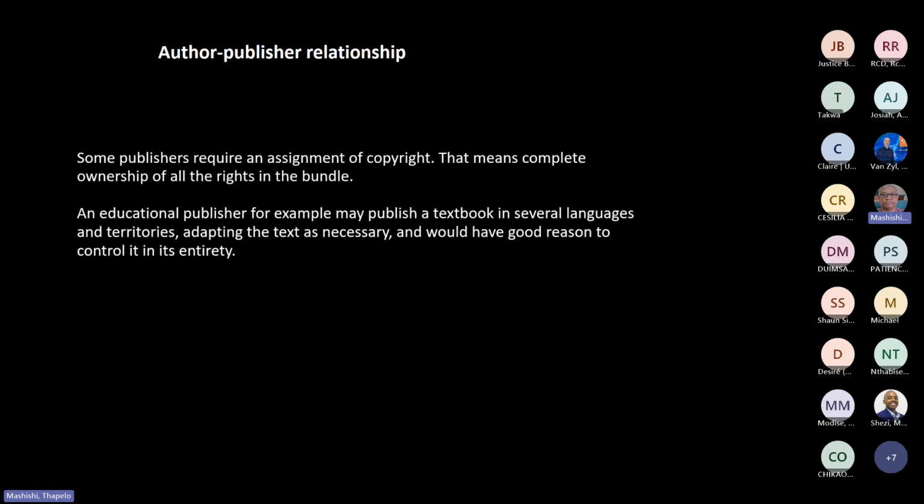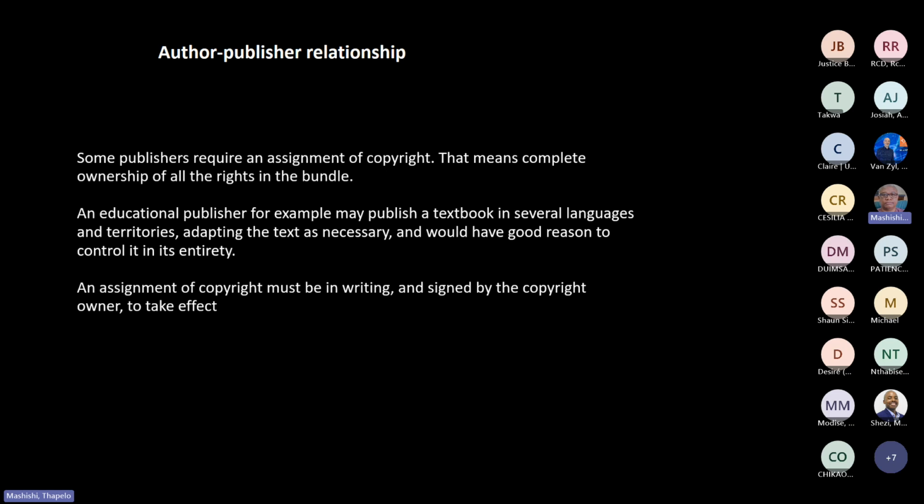Sometimes it could mean complete ownership of all the rights in the bundle. An education publisher, for example, may publish a textbook in several languages and territories, adapting the text as necessary, and will have good reason to control it in its entirety. This is one of the reasons given by publishers: it makes it easy for us to have complete copyright over your work. And that's why they insist that you assign all the copyright to them.